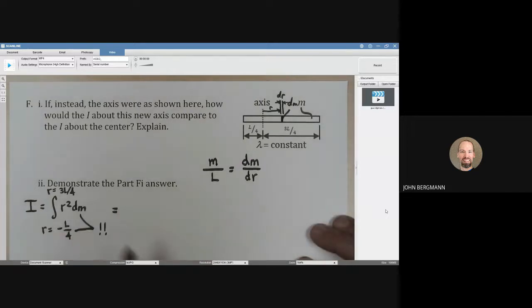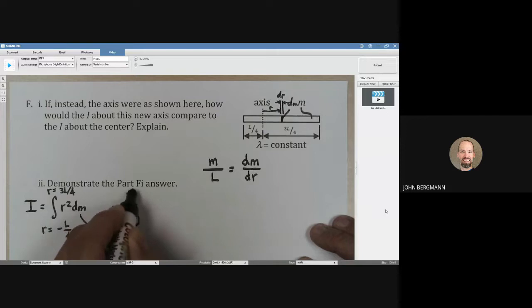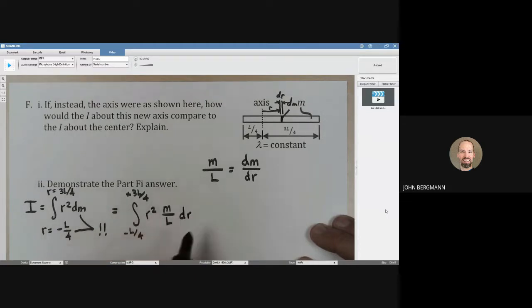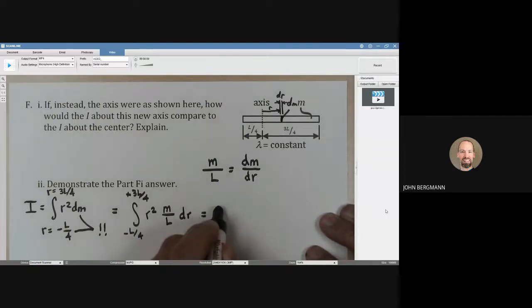So here we go. Let's see if we can flesh this out a bit more. We're going to go from negative L over 4 to positive 3L over 4 of r squared m over L dr. M and L are constants, so I can pull those out of the integral.